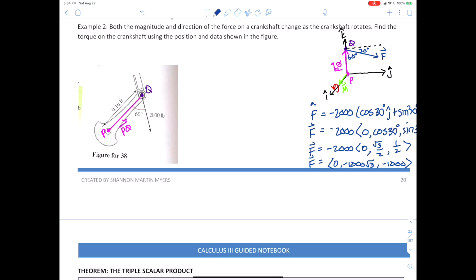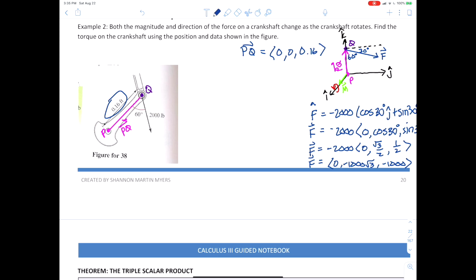And so PQ is lying on our K axis, right? And so PQ is going to be 0, 0, and then 0.16, given from this here, and the fact that we've put it on our K axis.